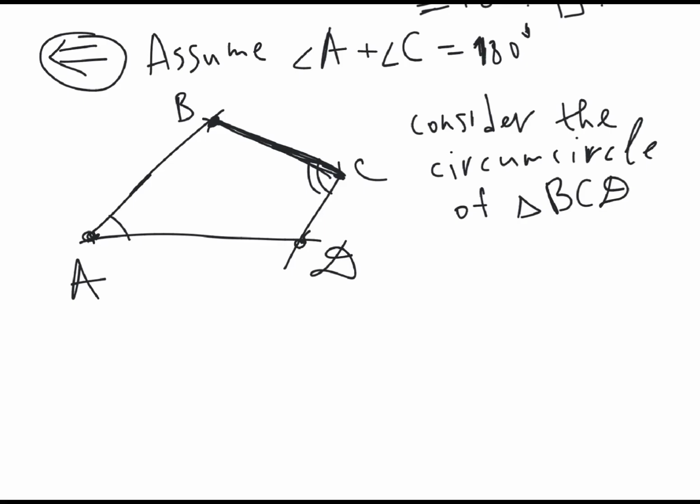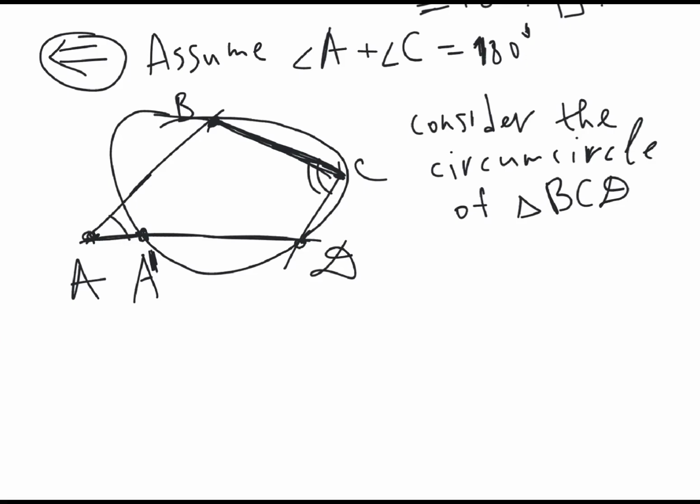It would be a circle passing through B, C, and D. Let's say that it doesn't pass through A. If it passes through A, then we are done. So let's say that it doesn't pass through A, then we consider the second intersection point of this circle with the line AD. Let's denote this point by A prime.